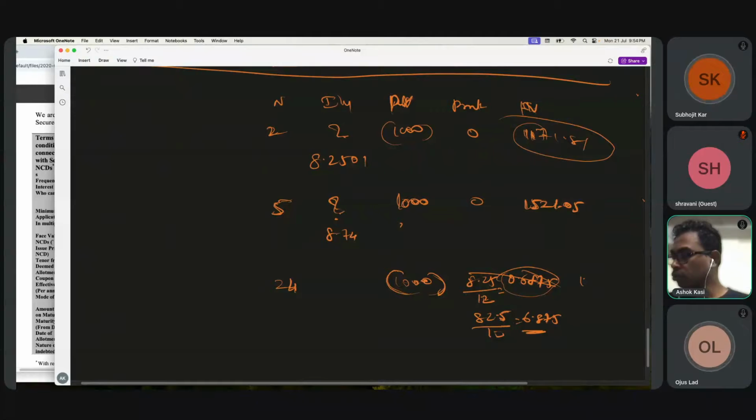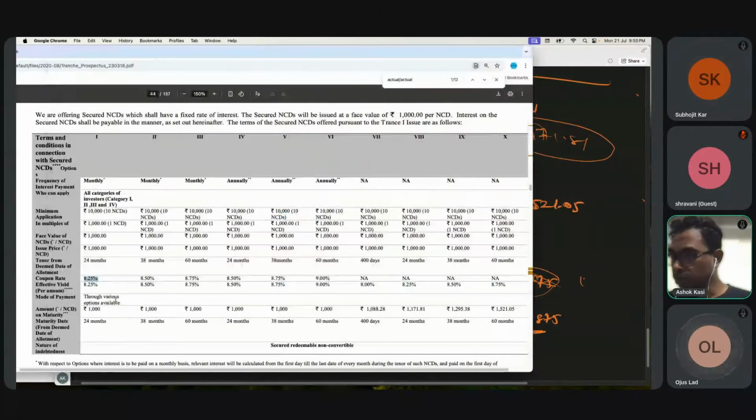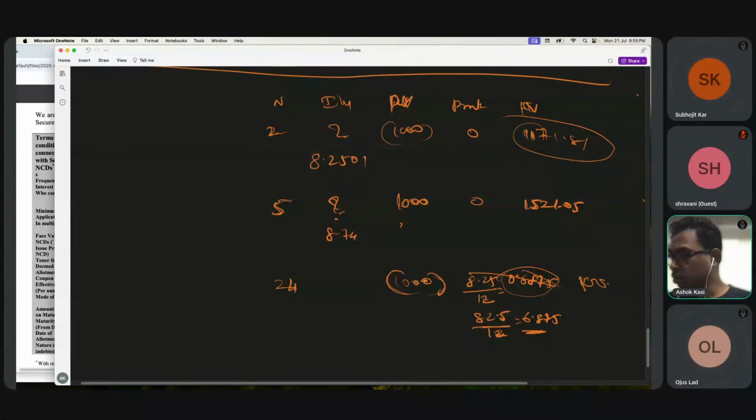For 1,000 it will be 82.5 per year. So it is divided by 12, 0.6875 percentage. See, 0.6875 is for 100. So for 1,000 it will be 6.875. And the future value is going to be 1,000 only, right?